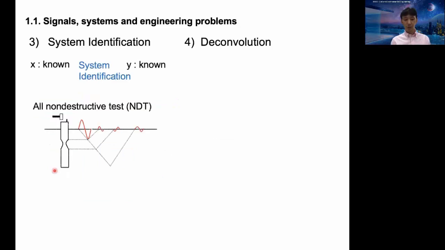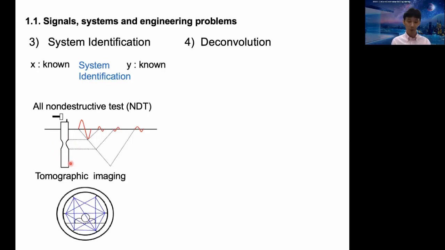And system identification is non-destructive testing. So you have an input like hammering down a pile, and you obtain the response using an accelerometer, the vibration. Vibration is the result or the output. So then what's the shape of the pile, or maybe the length of the pile, etc. Or tomographic imaging.